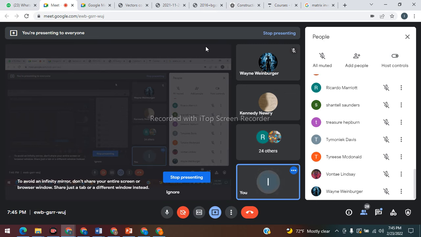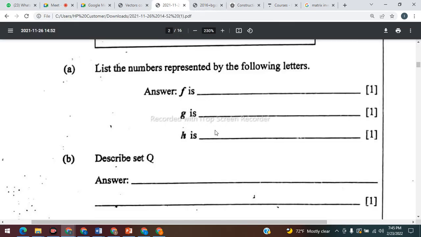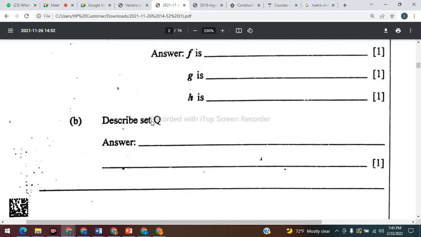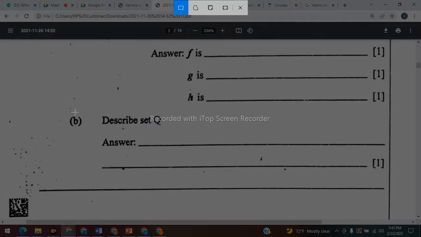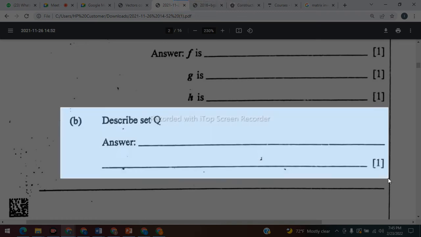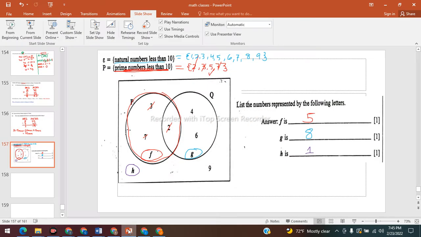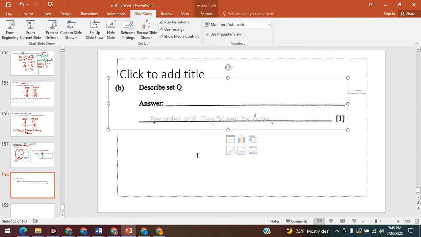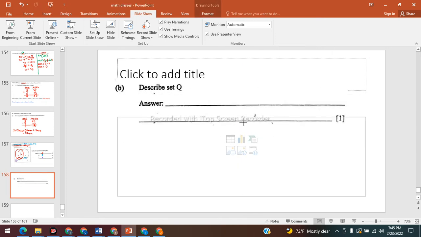All right, so the sides describe set Q. We already figured that out, right? What is Q? Describe set Q. What did we say Q was? Anyone can remember?